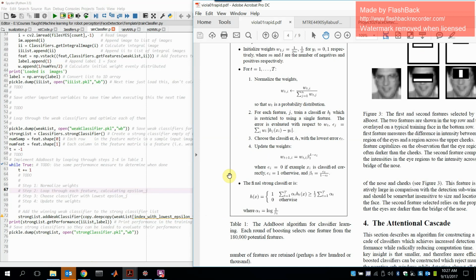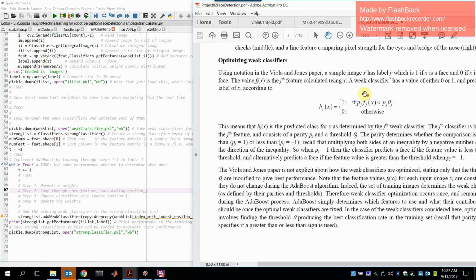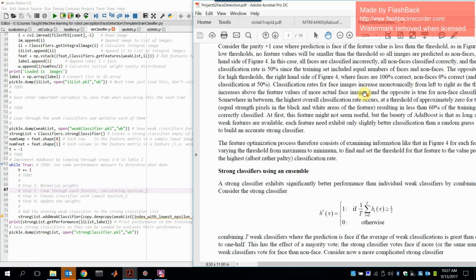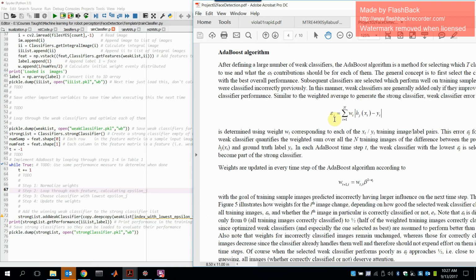Okay? For each feature, you're going to calculate epsilon j. Okay? Let's remind us what epsilon j is. Epsilon j is the error measurement for the jth feature. So I'm going to predict each of the images, check it with its ground truth, and multiply by its weight.